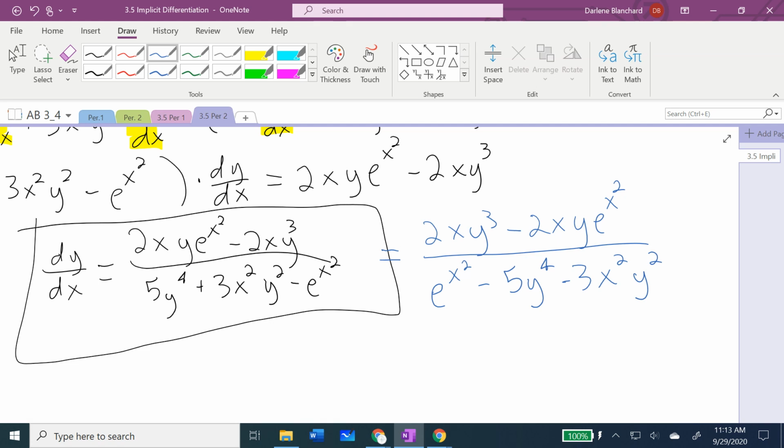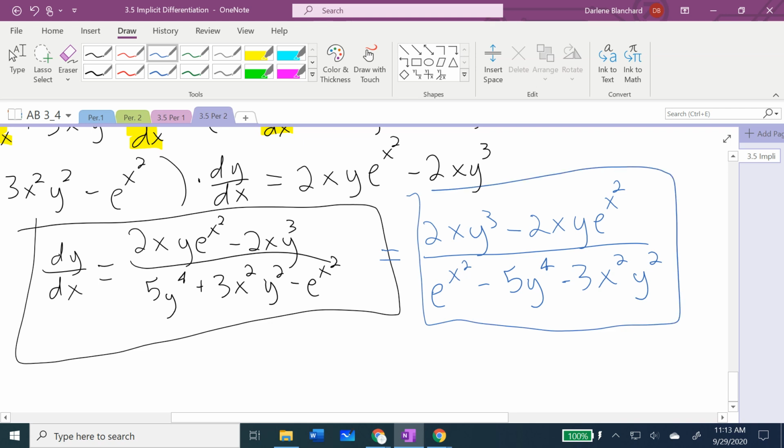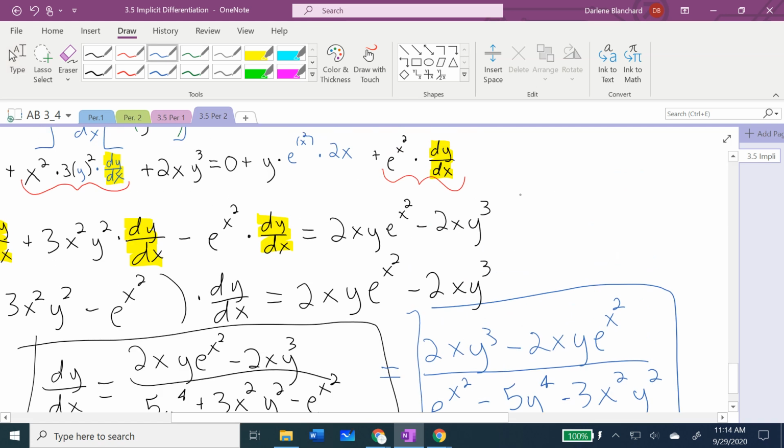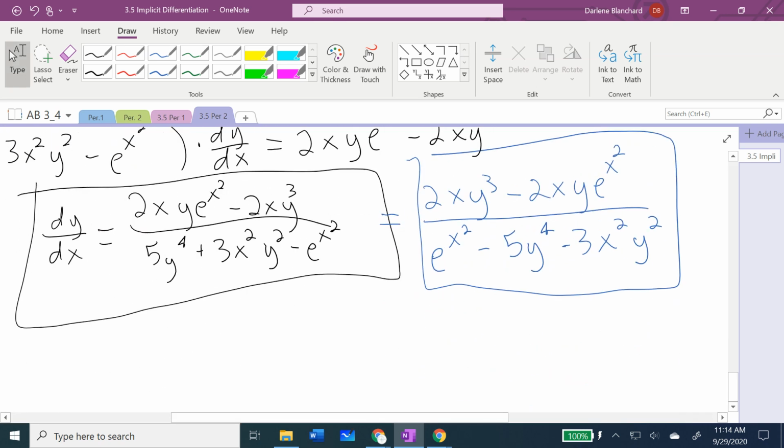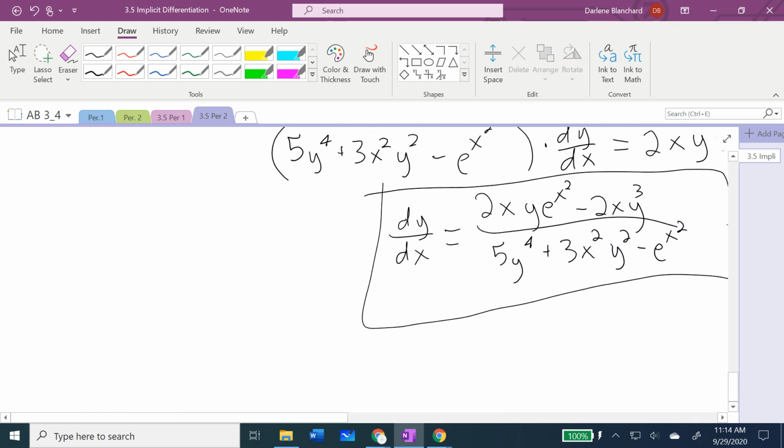All I did was I multiplied the top and the bottom by -1. And the reason that the answer might be written this way instead of the way that you have there is because when you make the choice of, do I want dy dx to be on the left side, or do I want to move everybody else to the left side and have dy dx on the right side, you will get the exact opposite signs of everything. So either way, you have a correct answer. And then I can move on to the next problem.